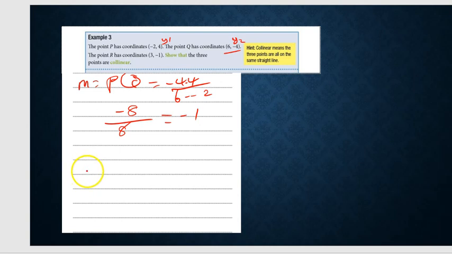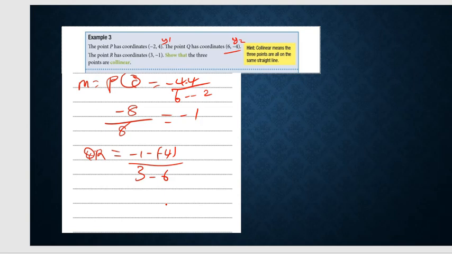Let's look at the gradient of QR, change in y over change in x. QR is going to be -1 minus -4, divided by 3 minus 6. 3 minus 6 will give you -3.